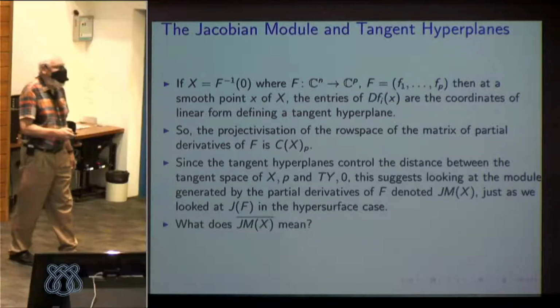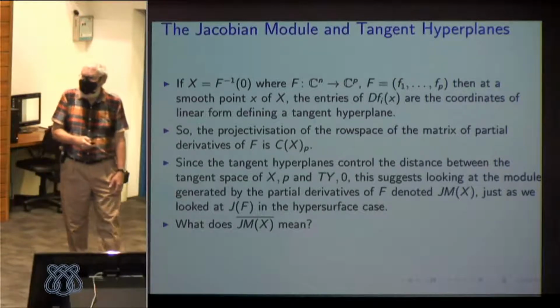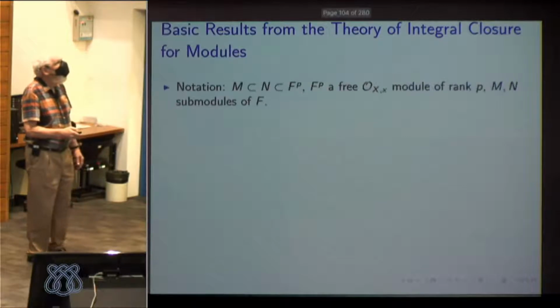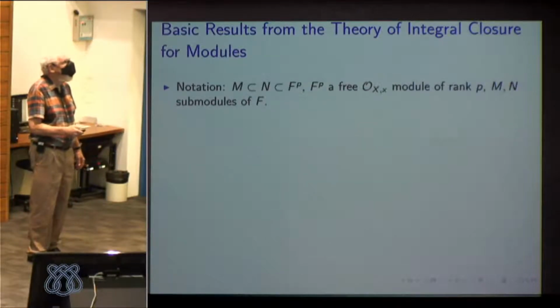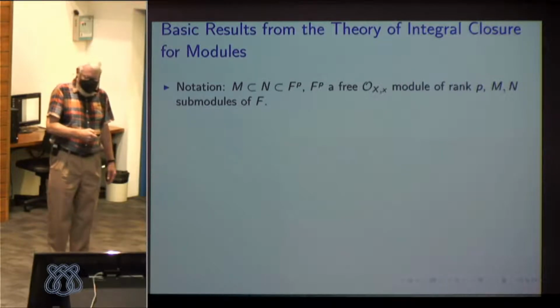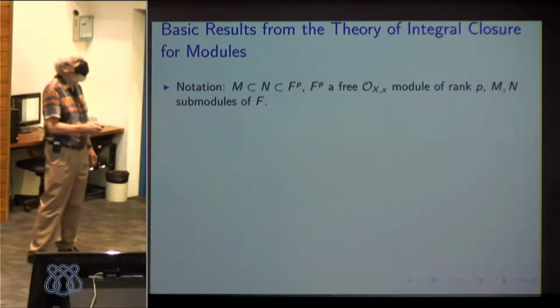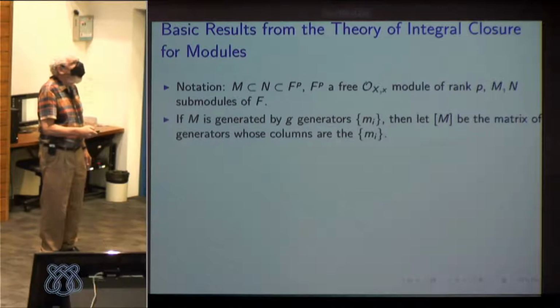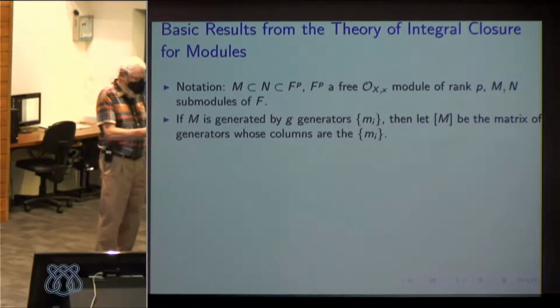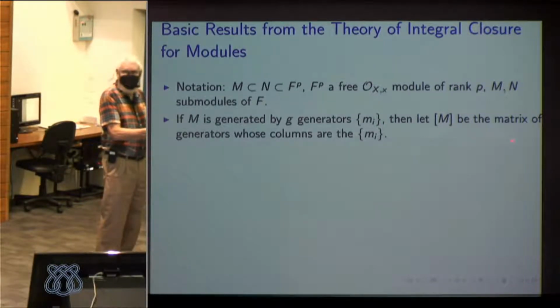Well, what does the integral closure of a module mean? Let's look. We need a little bit more notation. So we have M contained in N contained in a free module. And I want to assume that M is generated by g generators. And this notation means the matrix of generators.